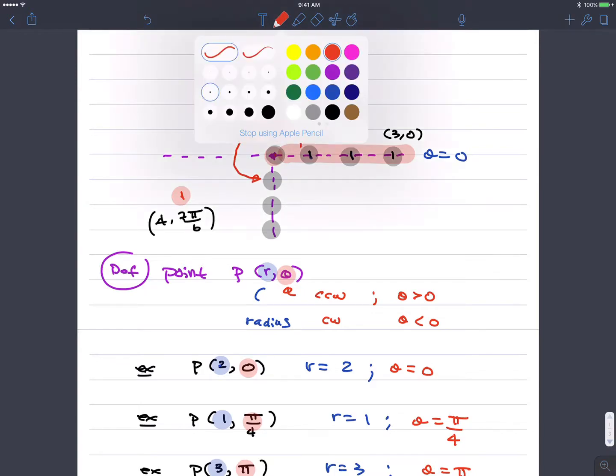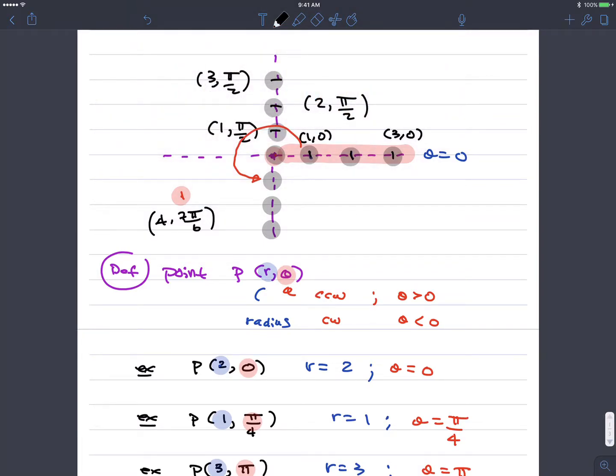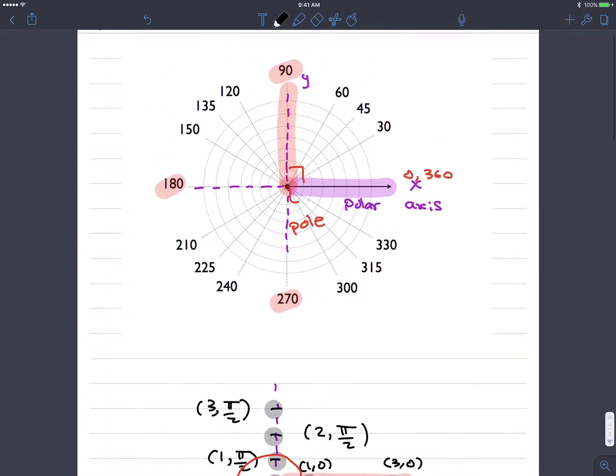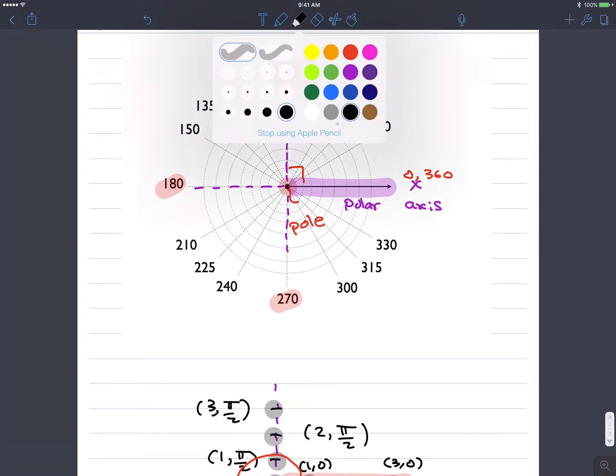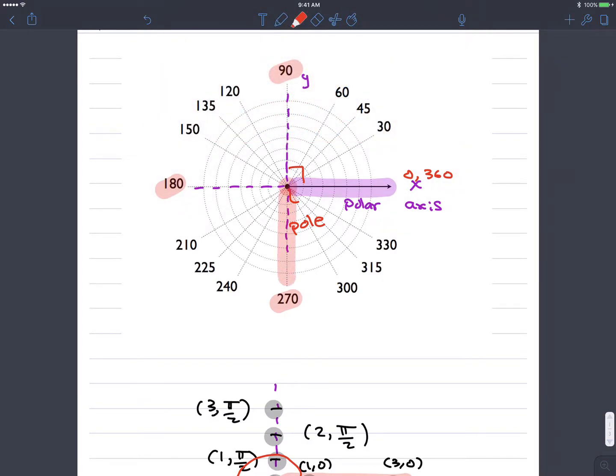What's the angle? Okay, 3 pi over 2. What's your radius, though? Remember, 1, 2, what? 3. These are positive radius values. So if I use the angle 3 pi over 2, which is what again? Isn't that 270 degrees? Rotate how? Counterclockwise is positive.